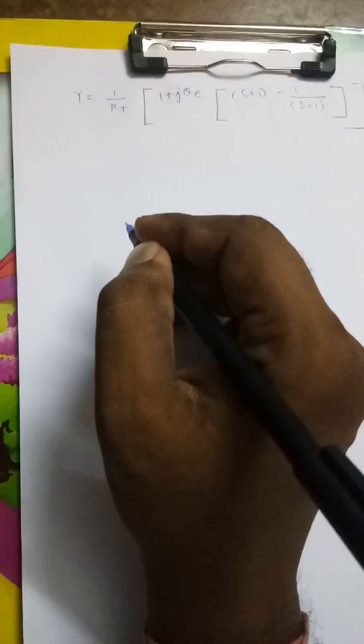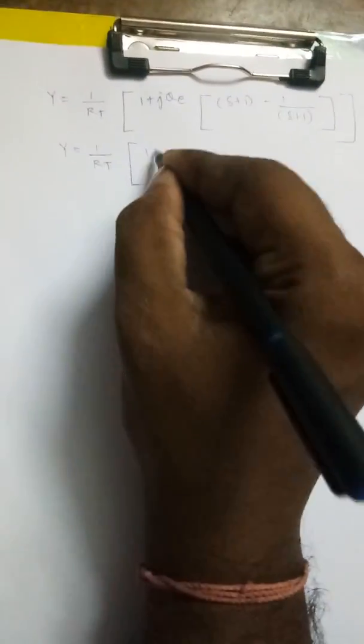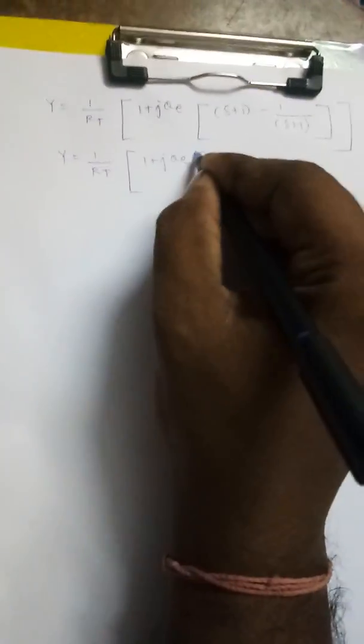Now I am going to take the LCM. If we consider this term, Y is obtained like this: 1 by RT into 1 plus j into QE, del plus 1 minus 1 by del plus 1. If I take LCM, it will be 1 by RT into 1 plus j into QE.